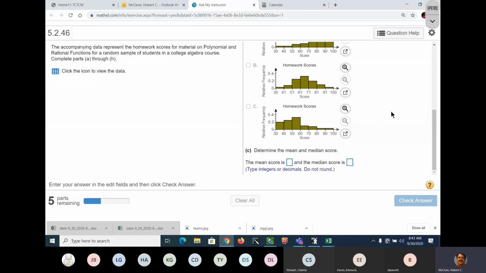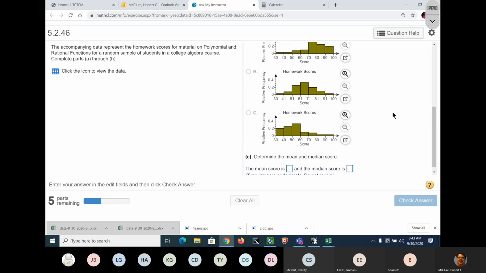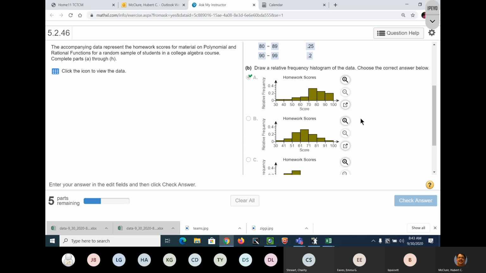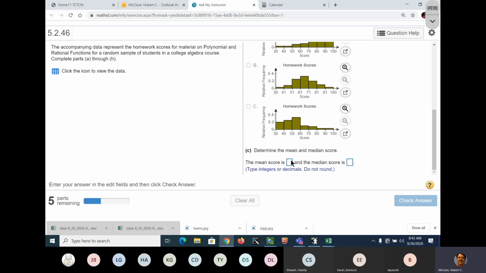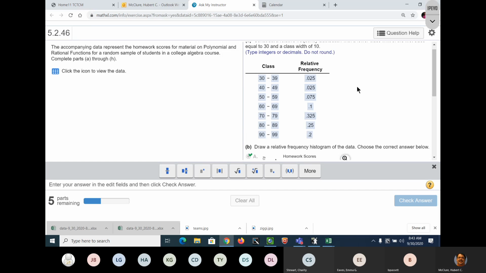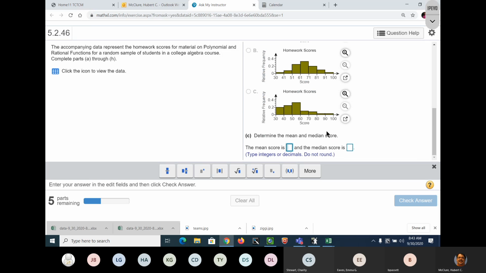Determine the mean and median score. Well, the mean, I'm just going to take a guess at that one. The mean or median is the middle, so I would say 60 to 69 or 0.1. See, I don't understand what they're saying, score. Oh, here we go. Mean score.